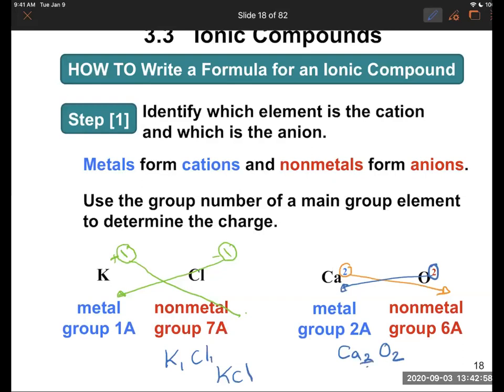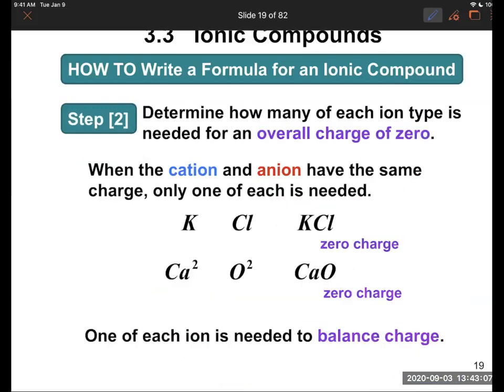So we divide both by 2, and the answer will be CaO. And it's given here. Notice how the overall charge is 0. We always want to represent it in the lowest possible ratio that we can.